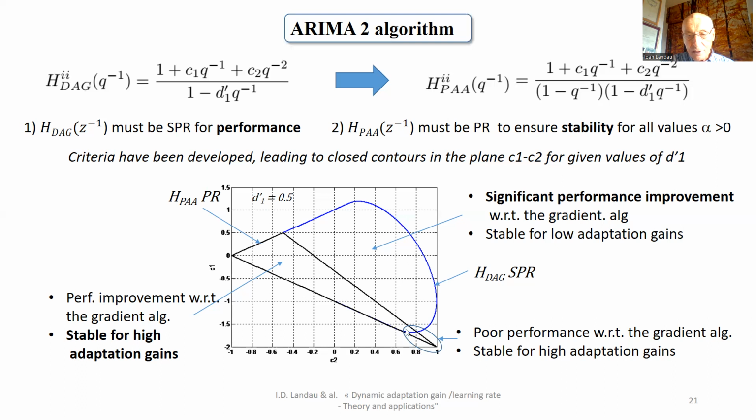And now this corner here is very curious because it will lead to poor performance with respect to the gradient adaptation algorithm, but will tolerate very high adaptation gain for stability.